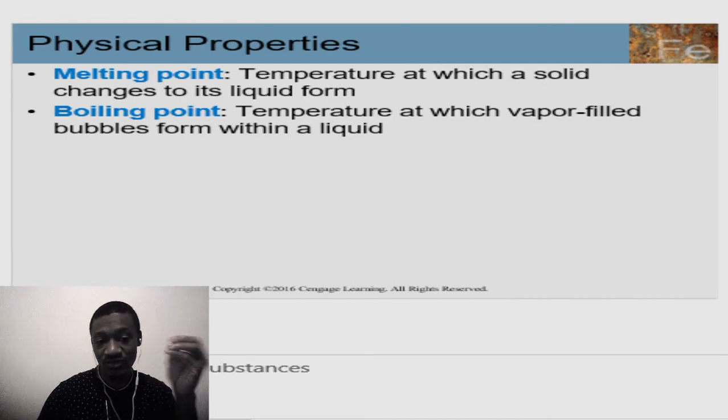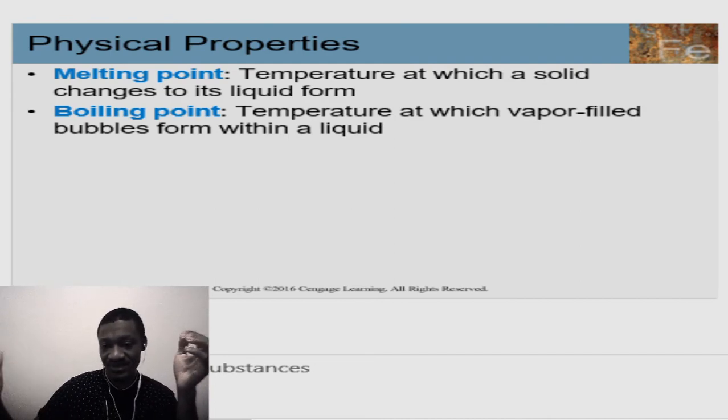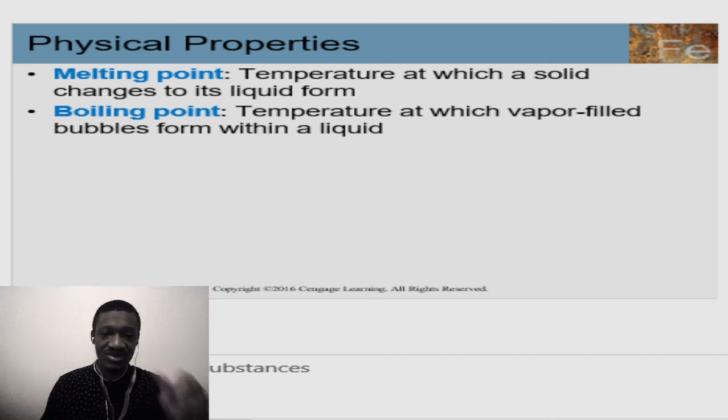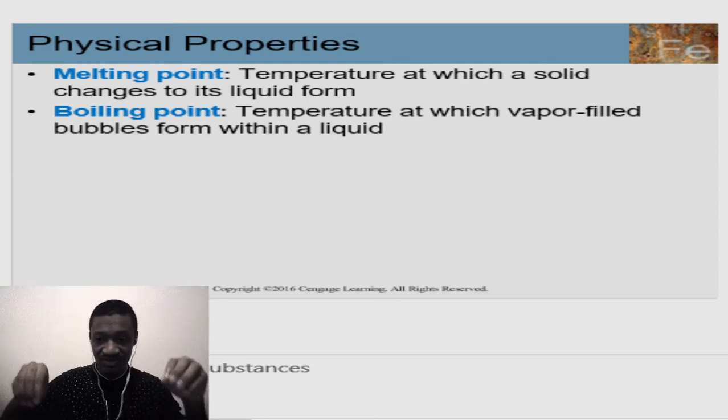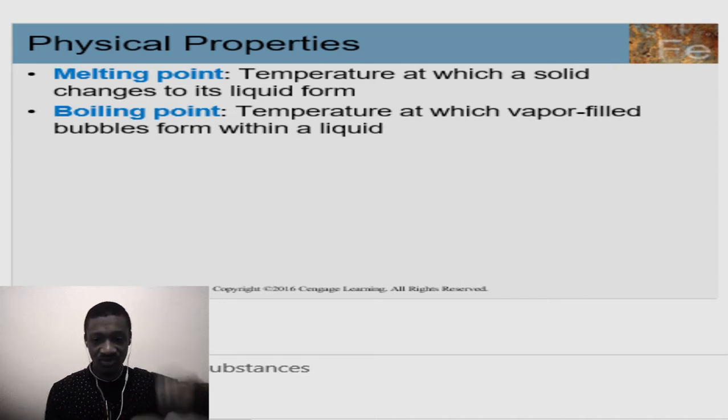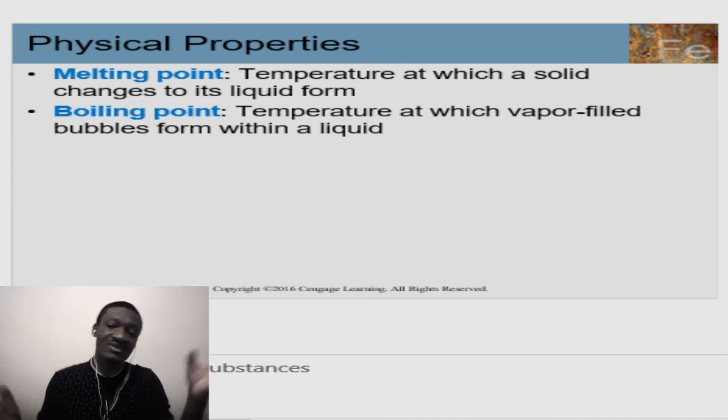We said water is solid under special conditions, can be gas under special conditions, but it's liquid at normal conditions, so you see water around. Melting point is the point at which you see that change. Boiling point is the point at which you see that change. It's not necessarily the phase itself, it's just a point.